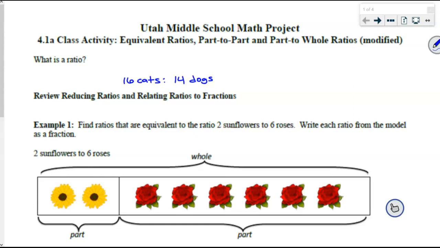Okay, so a common theme that I continue to hear is that a ratio is a comparison between 2, I'm going to say quantities.